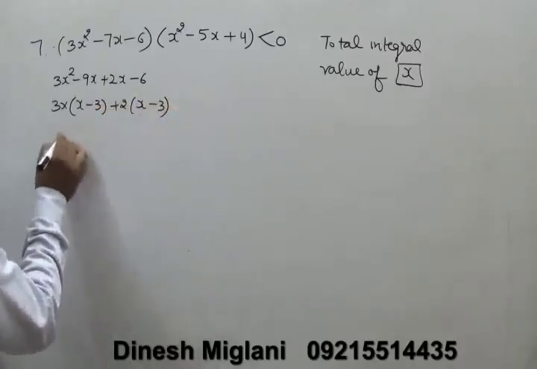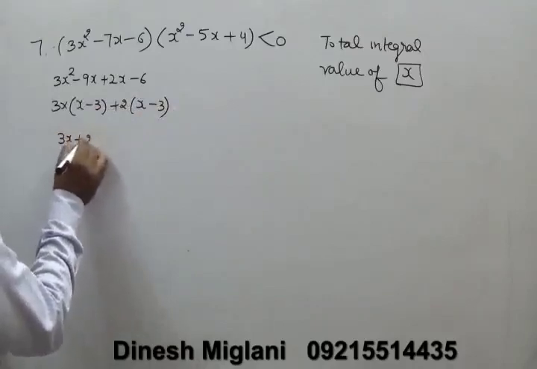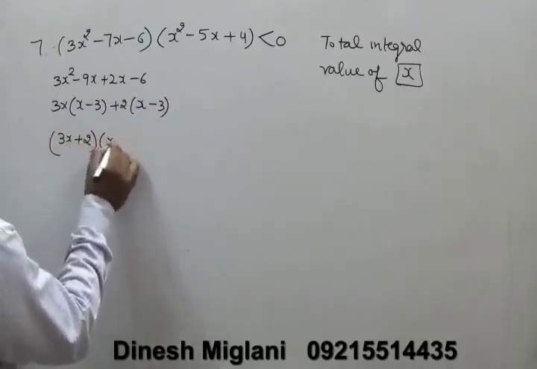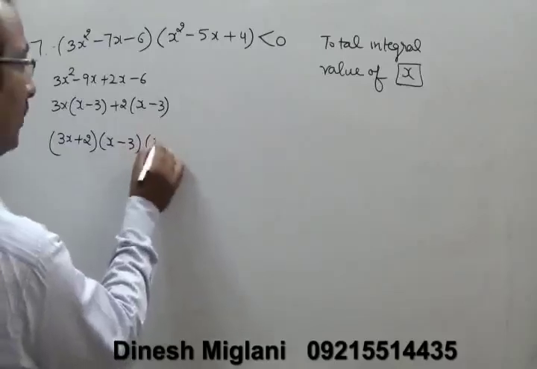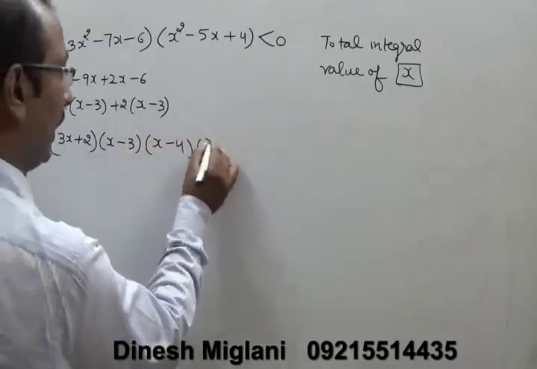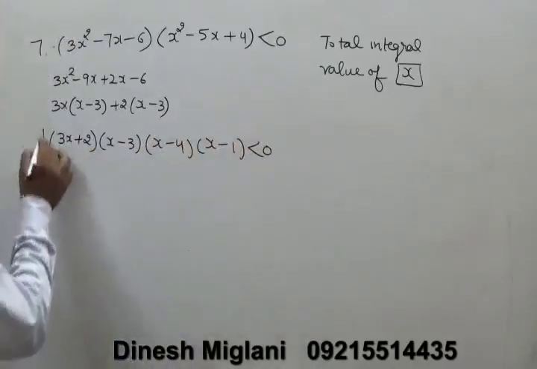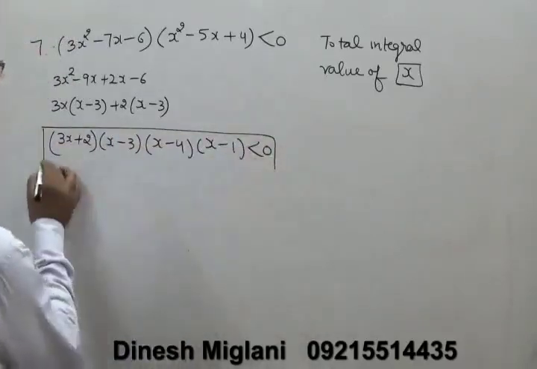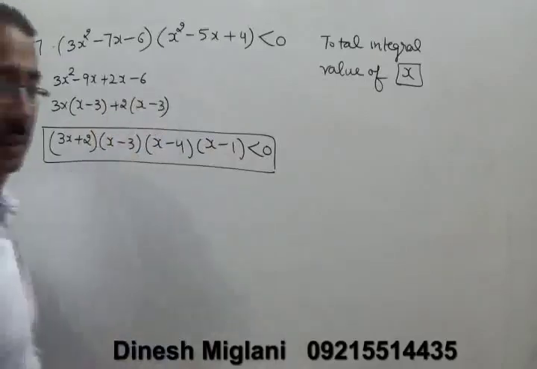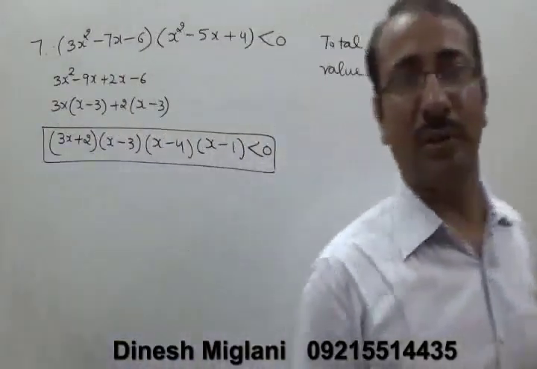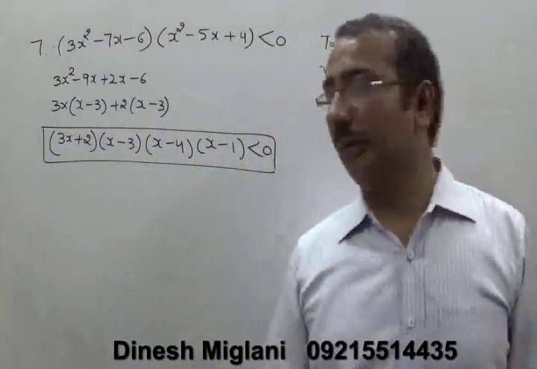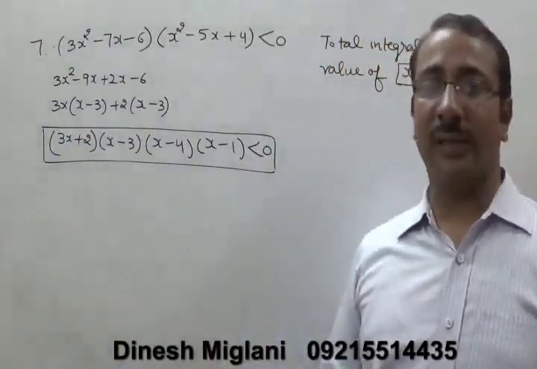Finally I get it here as (3x + 2)(x − 3)(x − 4)(x − 1) less than 0. Right, that is the first step that we have. First of all, we have to factorize our given structure. If they are already in factorized form, it is very easy for us to answer. If they are not, the first step is we have to make it factorized.